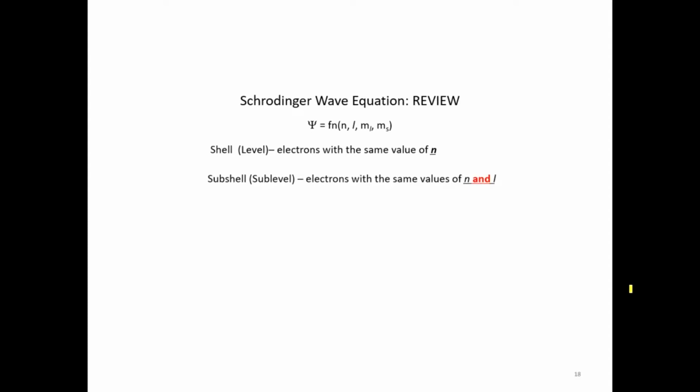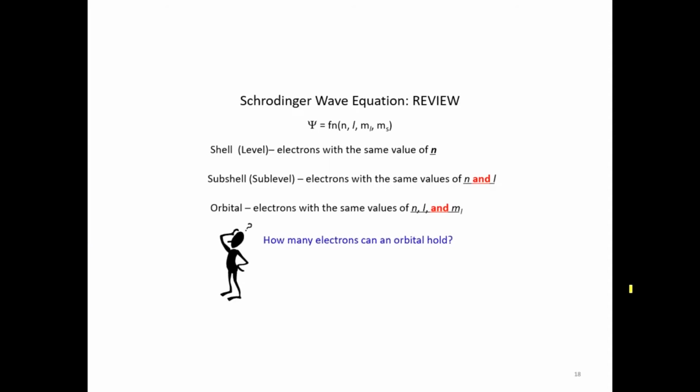And if electrons have the 3 same values of n, l, and ml, then they would be in the same orbital. Now, the question we have to ask now is, how many electrons can one orbital hold? Remember, an orbital has a unique value of n, a unique value of l, and a unique value of ml, right?